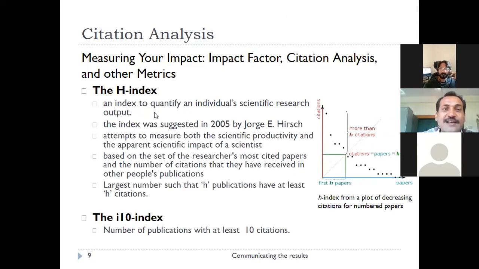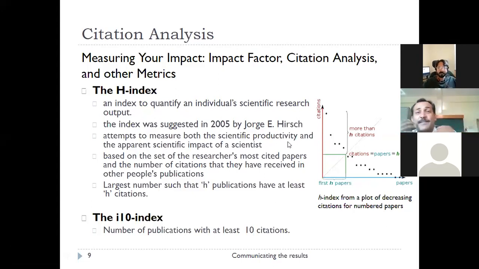H index is the index to quantify the individual scientific research output. The index was suggested in 2005 by George E. Hirsch, and from Hirsch, H is taken and it is called the H index. It attempts to measure both the scientific productivity and apparent scientific impact.